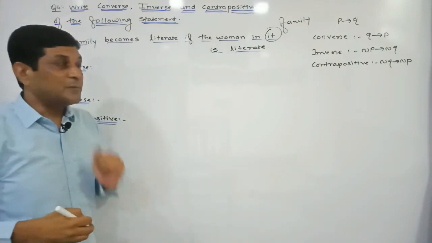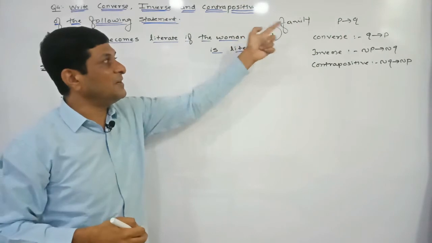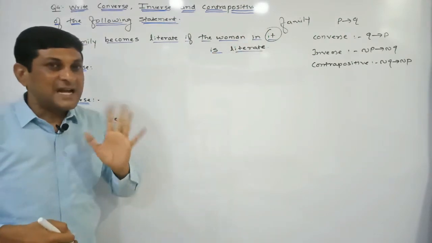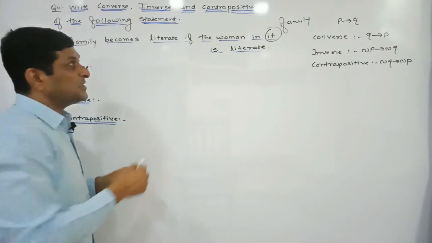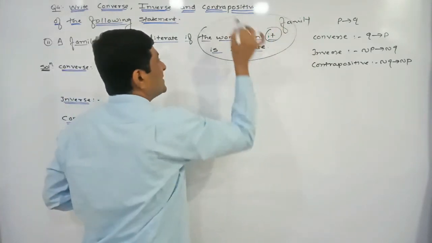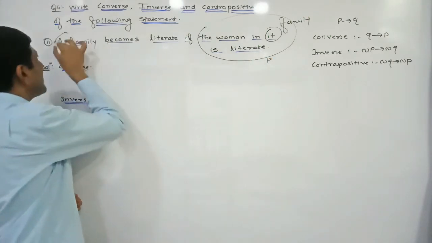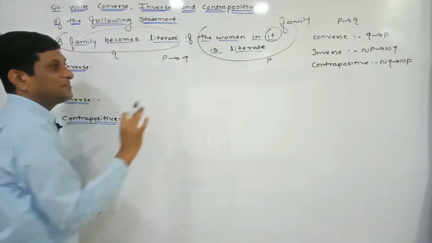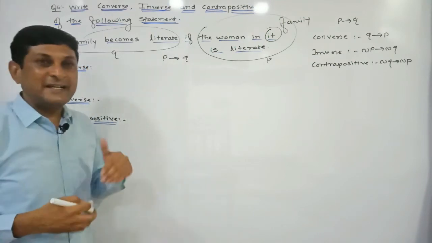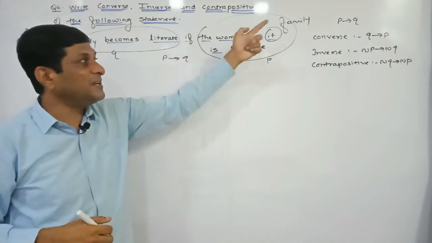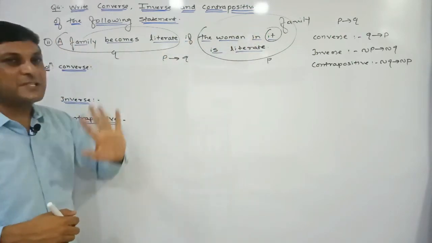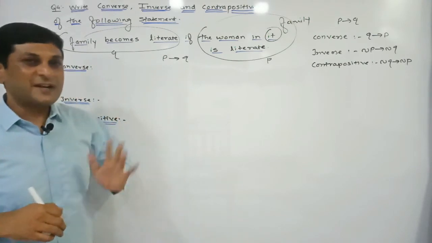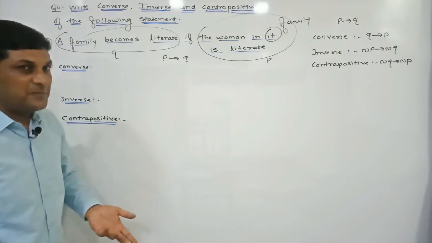If I read this statement in this form, if the women in the family are literate, then the family becomes literate, the meaning does not change. The part after if we consider as P, and this other part we consider as Q, and the symbolical representation is P implies Q. So if we read the statement in this form, if the women in the family are literate, then the family becomes literate, the meaning does not change. We are just writing it in the form P implies Q.